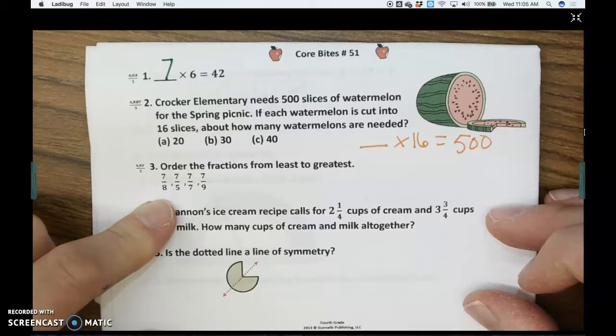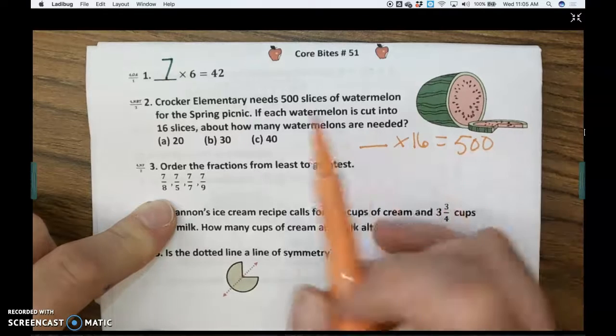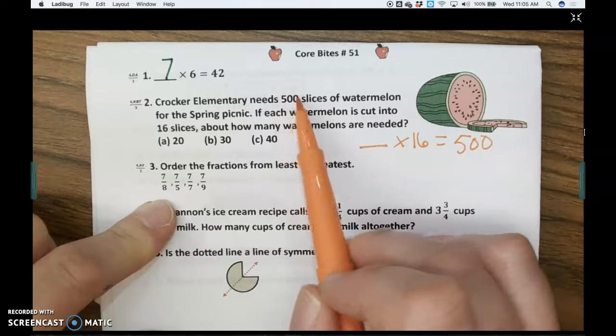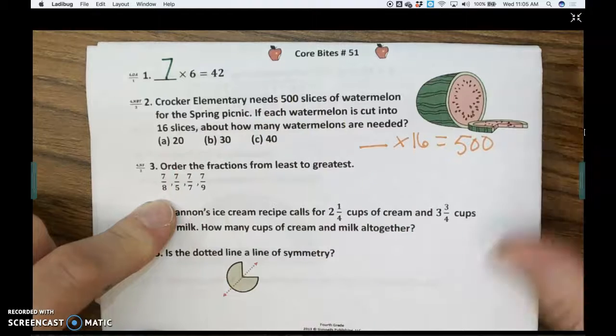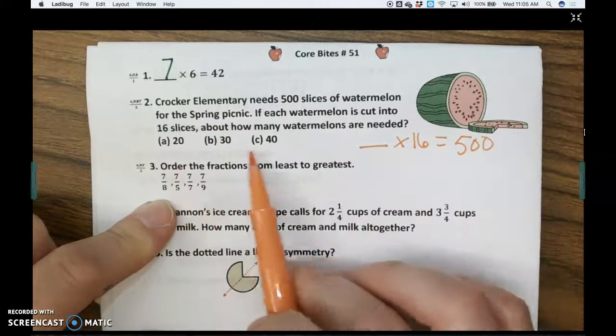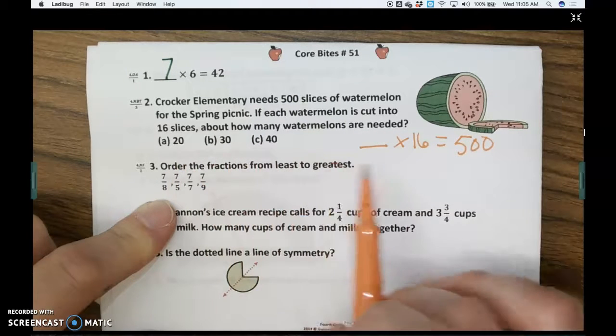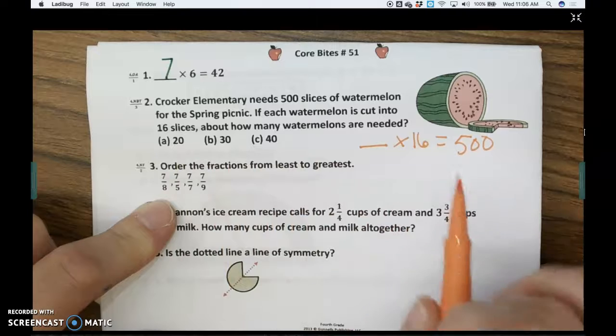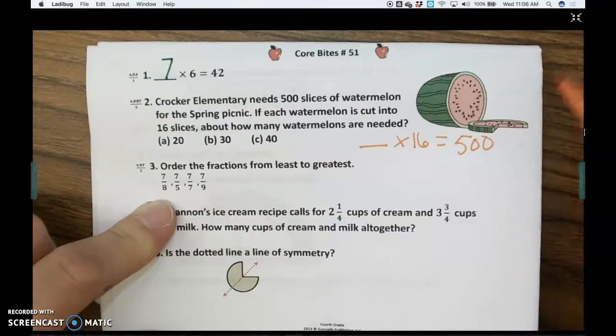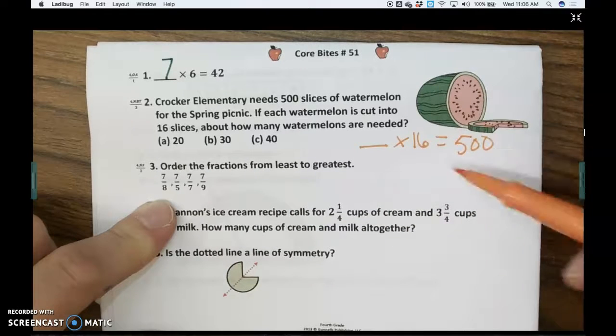Okay? So you could do this a couple ways. You could divide 500 by 16, and that would give you your answer. Or you could take your answers here and multiply and see which one gives you close to 500 or over, but not under, right? Because you have to have at least 500.